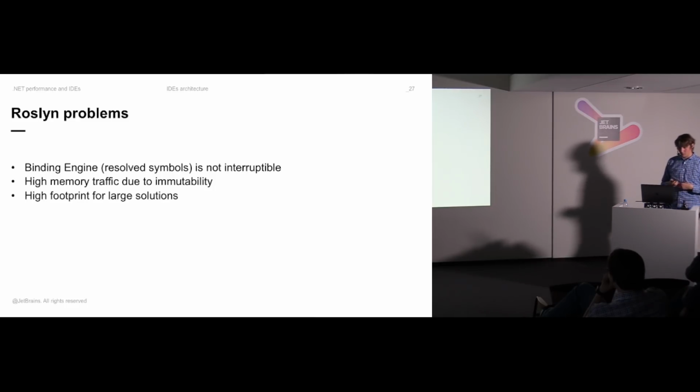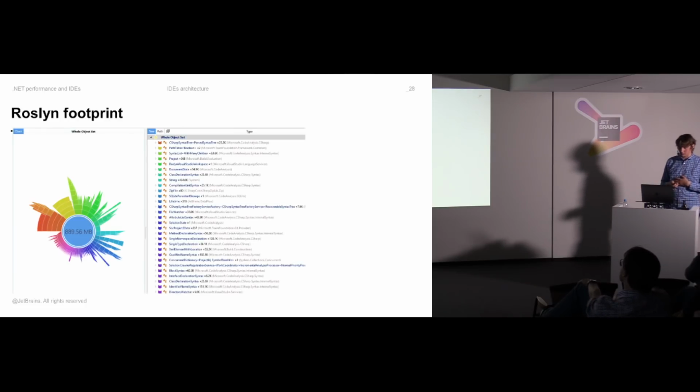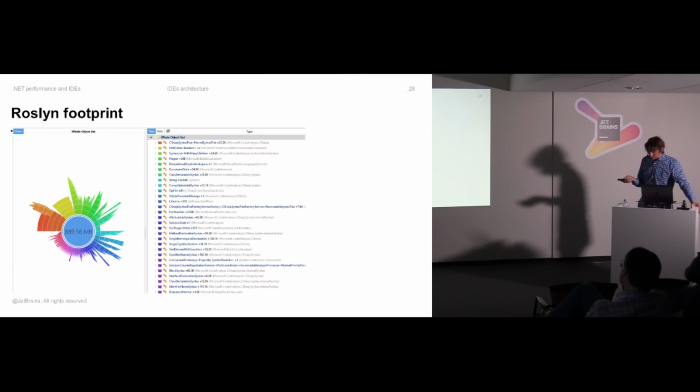And the overall high footprint for large solutions, just for Roslyn, is not low. I just checked it on a ReSharper solution, of course with ReSharper turned off. So pure Roslyn, even just when I open the solution, consumes 1 GB of memory. So it's really hard to work on our solution in Visual Studio, even with ReSharper turned off.